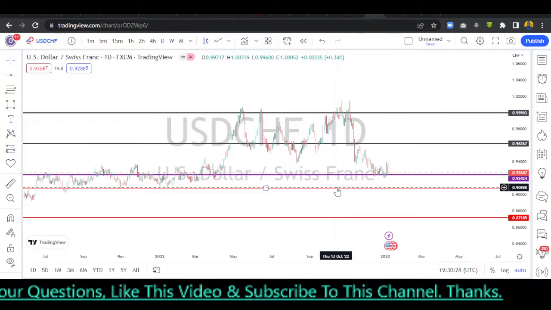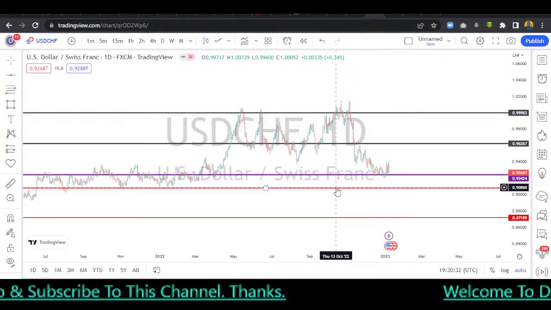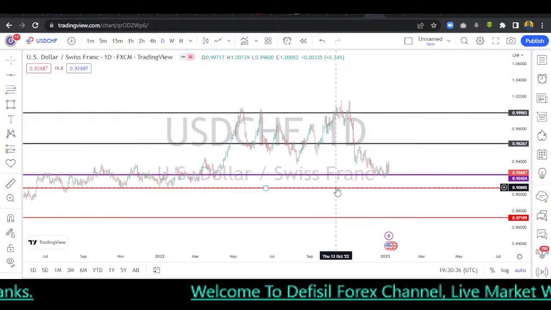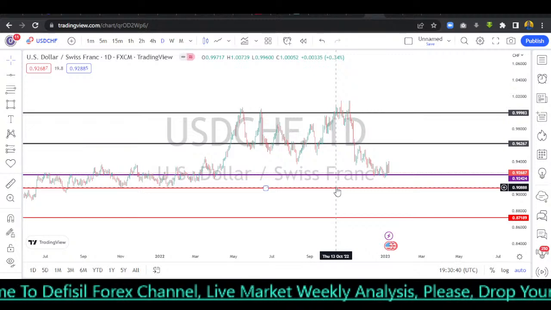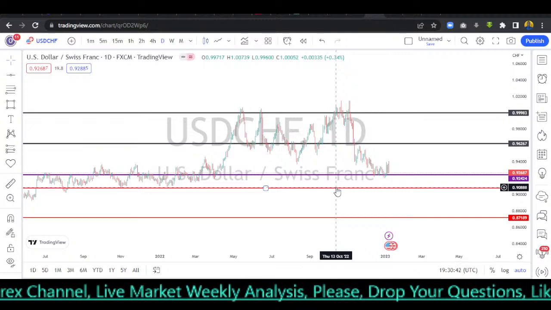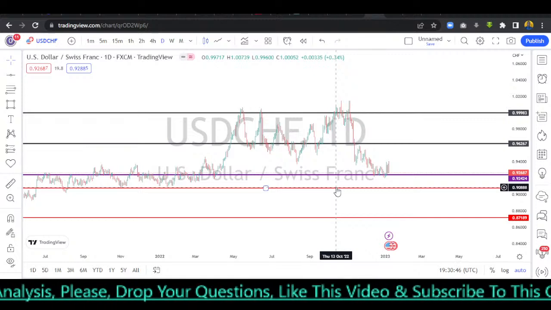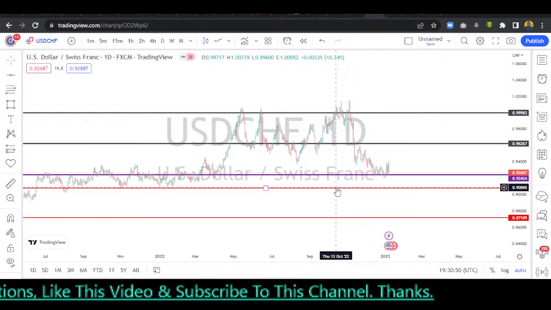However, we should be looking at that point with criticality, and we should be anticipating a buying opportunity, should it happen that the market reverses upward based on its current movement of failing to break that particular level.